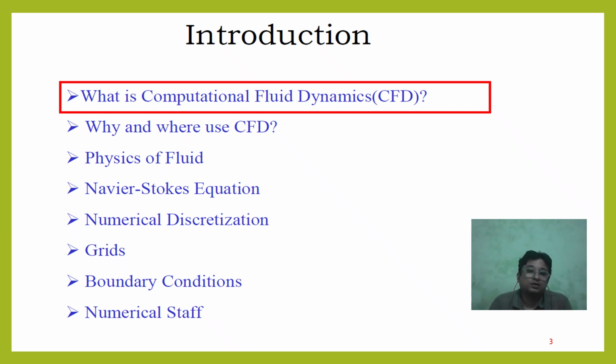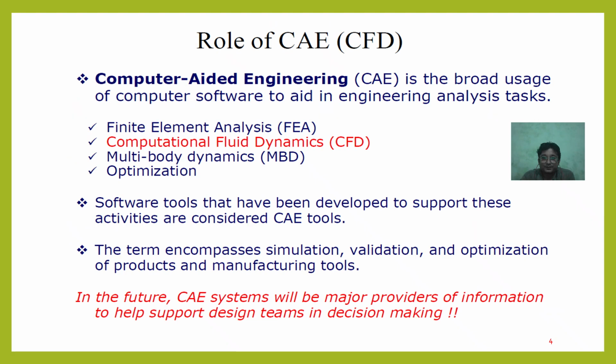In basic preliminary courses you have learned the Navier-Stokes equation; why it is an important parameter used here, and why others are not considered right now, I will try to explain in a later class. Then numerical gridization, what it is all about, followed by the grids, boundary and numerical aspects.